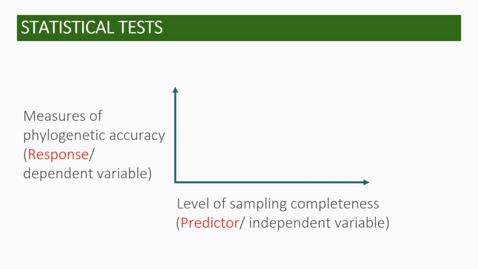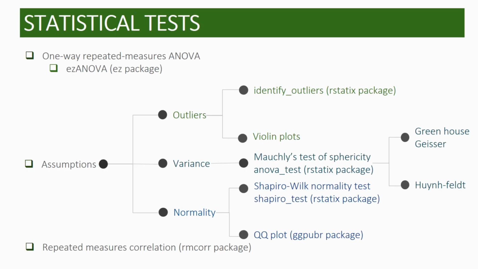Then I've analyzed the results for each metric using a statistical test. Here I compared the measures of phylogenetic accuracy, the response variable, across the levels of sampling completeness, which is the predictor variable, using one-way repeated measures ANOVA.